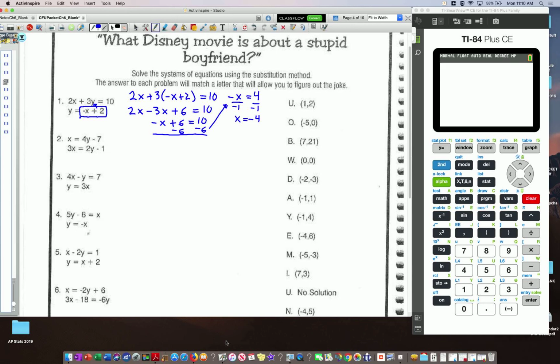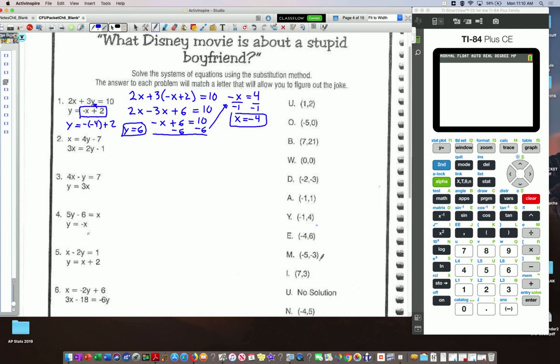I need to take that answer, plug it back in right here into the second equation. So when I plug it into this bottom one, y equals a negative 4 plus 2. That really becomes positive 4 plus 2. So y equals 6. So there's my x and y.